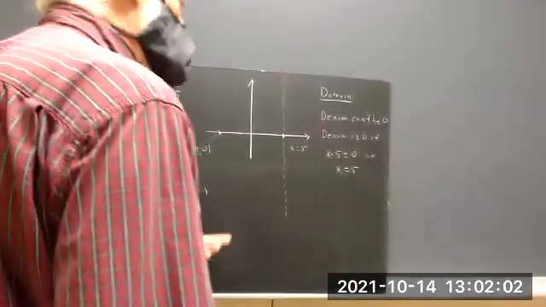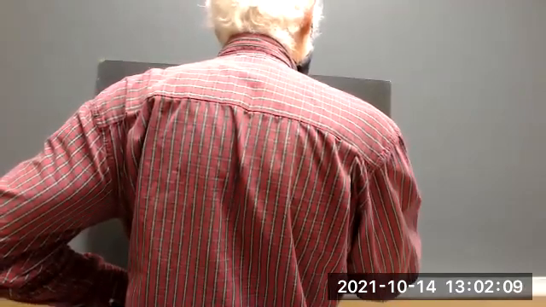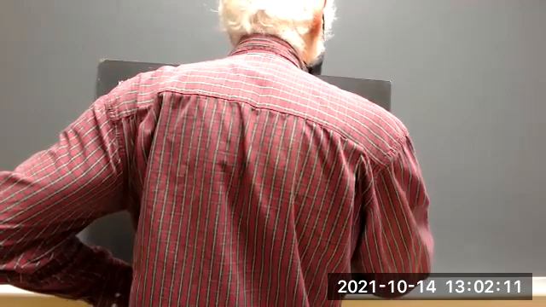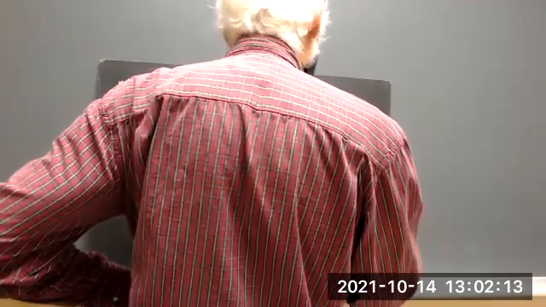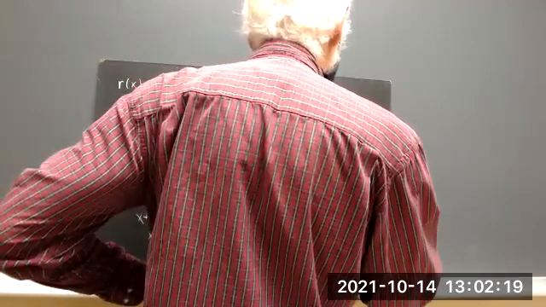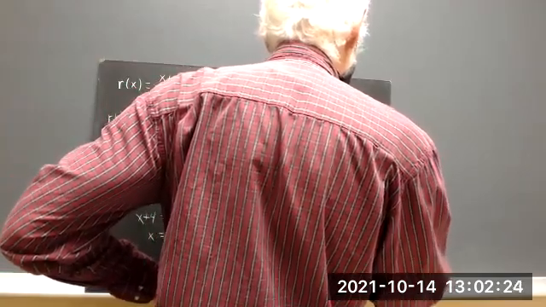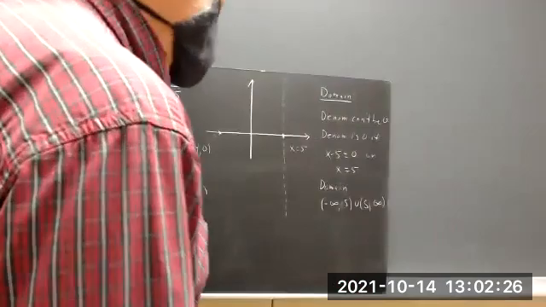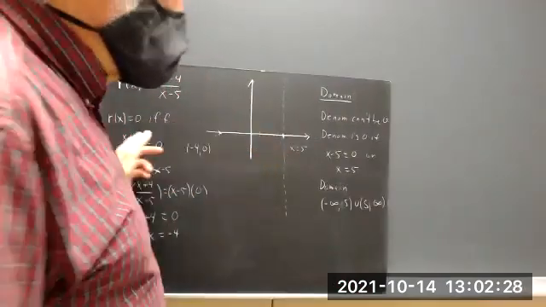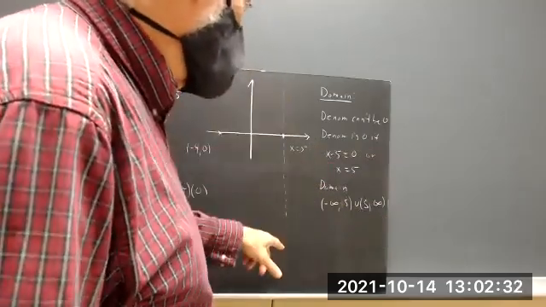So we can't have a point where x is 5. Now we can say the domain is negative infinity to 5, union 5 to infinity: everything to the left and everything to the right of this vertical line.